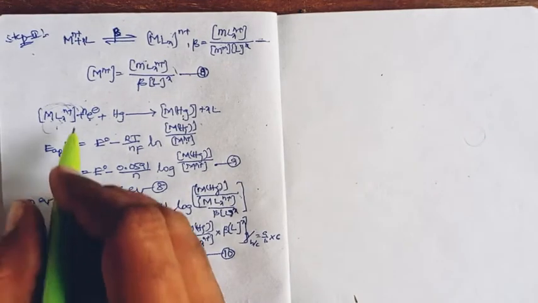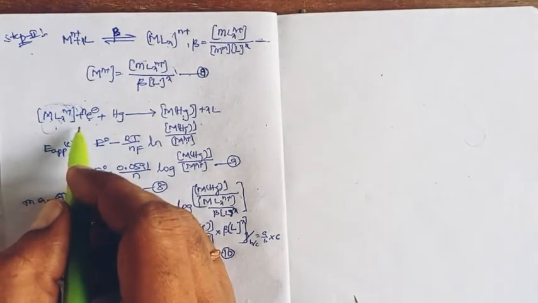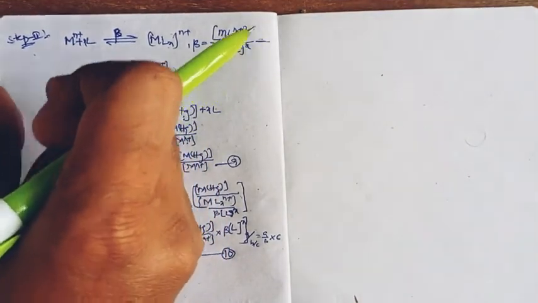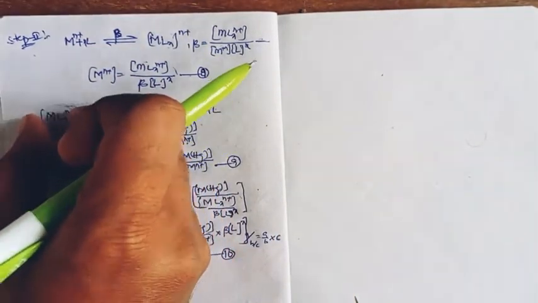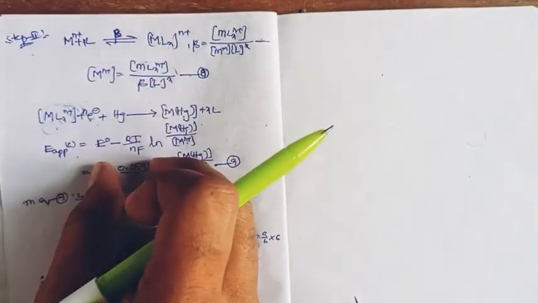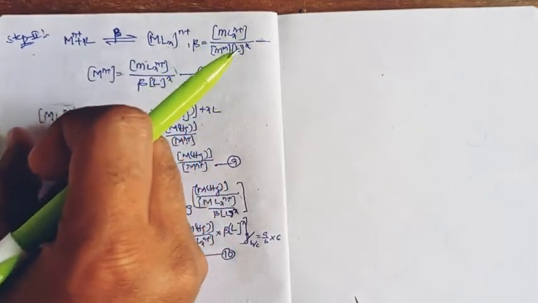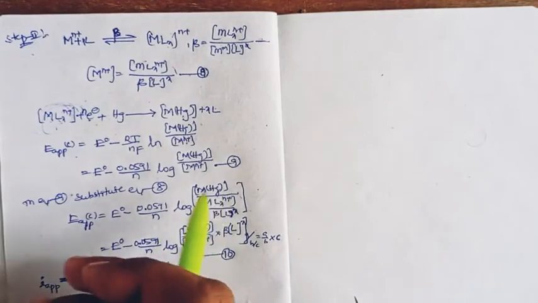So it depends upon the initial complex concentration, right? How much complex we have initially determines the current needed. If the complex concentration is less, the required diffusion current will be less. When the complex concentration is more and more, the required diffusion current will be more and more.